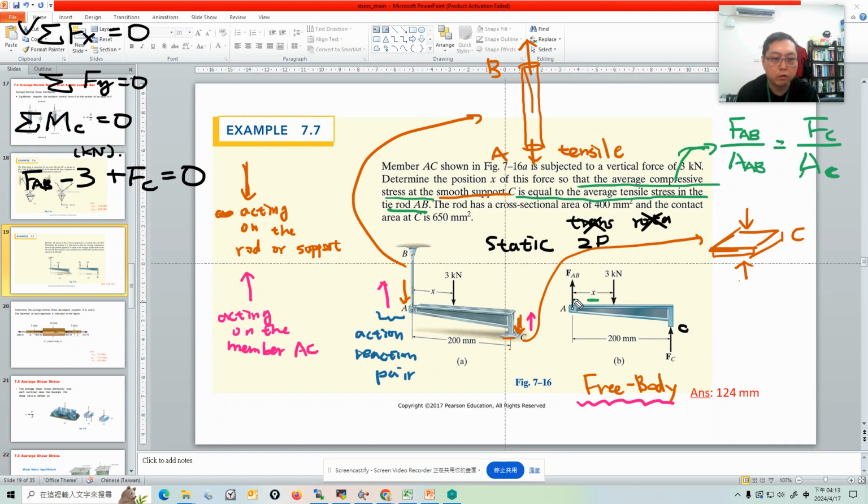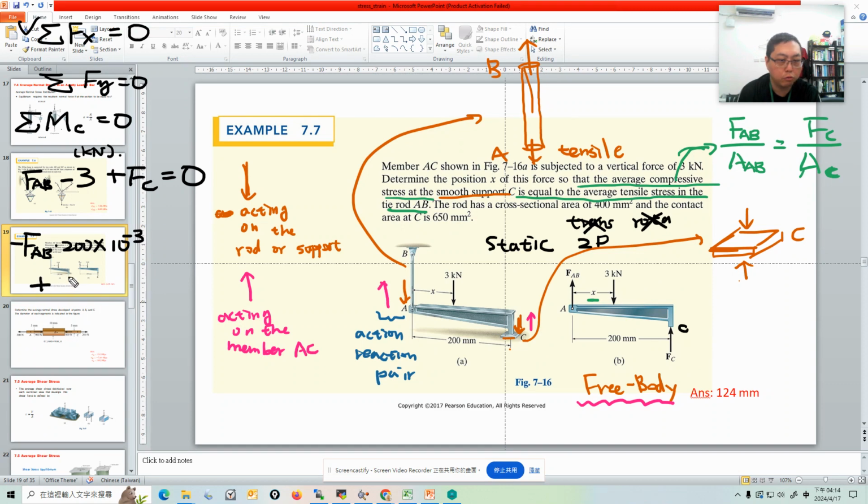FAB is here, so its lever arm is 200 times 10 to the power minus 3 meter, and it creates a clockwise rotation, so it's negative: minus FAB times 200 times 10 to the power minus 3 meter. The 3 kilonewton force pointing down also creates a moment with respect to C, a counterclockwise rotation, which is positive.